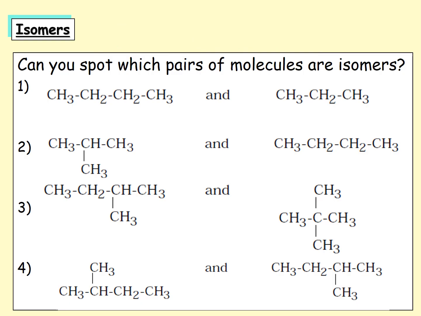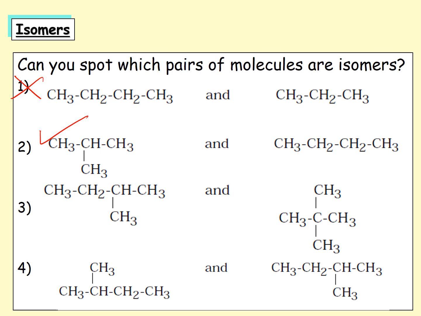Have a go at looking at these 4 images. Again, pause the video now, and see if you can identify which pairs are isomers. Number 1, because we've got 4 carbons and 3 carbons, is not an isomer. Number 2, we've got 4 carbons, one in a T shape and one in a straight line, so these are isomers.